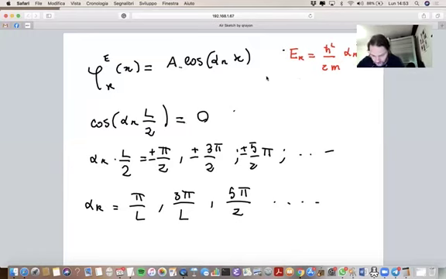So as a result of which, we found an entire family of possible eigenvectors in the following form.